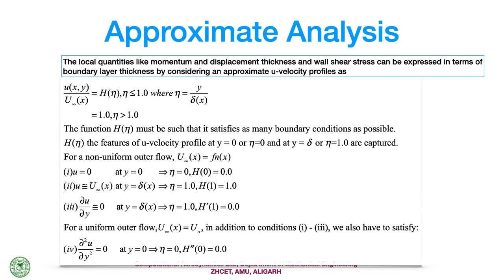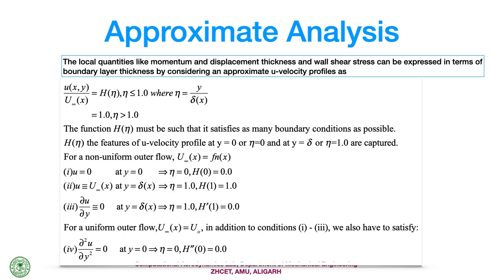So let us take capital H of eta as the velocity profile, and if eta is less than 1, then it is H of eta. If eta is greater than 1, that is outside the boundary layer. Eta is defined as y by delta x. Now if eta is greater than 1, then the velocity profile is 1. But if eta is less than 1, the approximation basically comes over here.